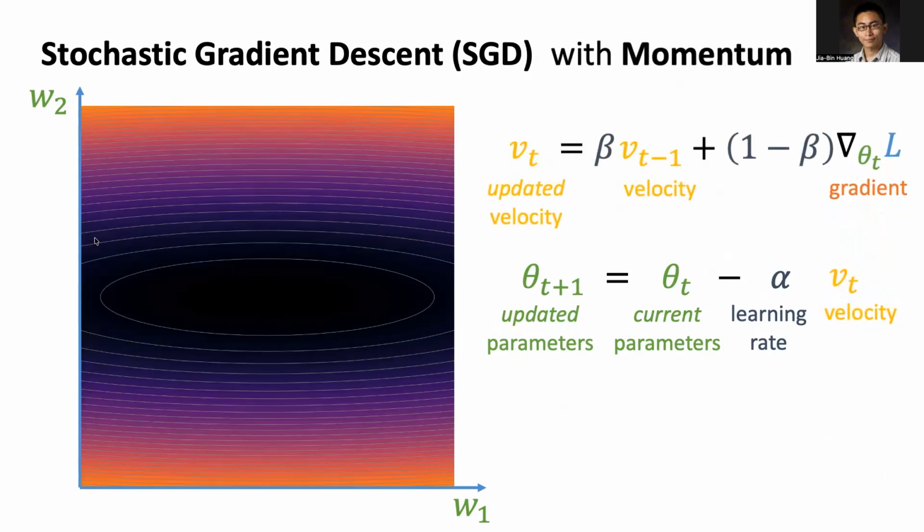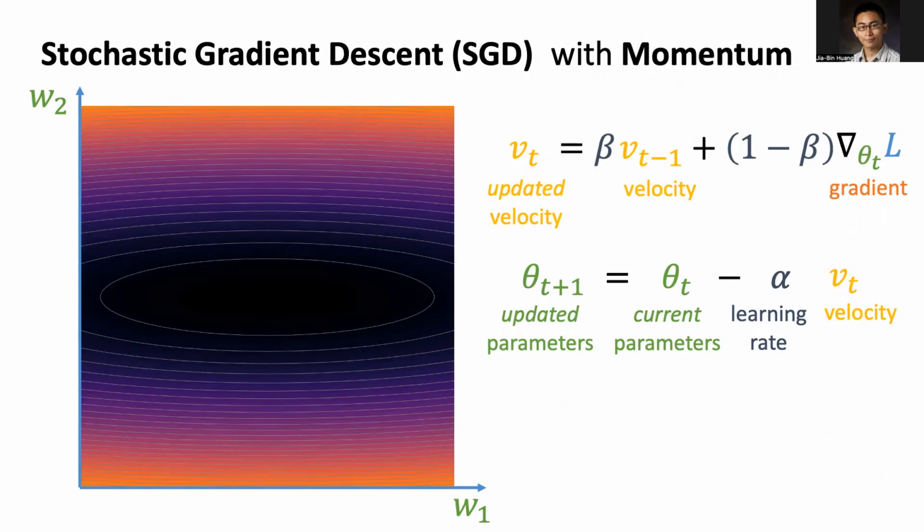Here's what the strategy is doing. You compute a moving average of the gradient, starting from a velocity of 0. For some dimension, the gradient is consistent in the same direction.